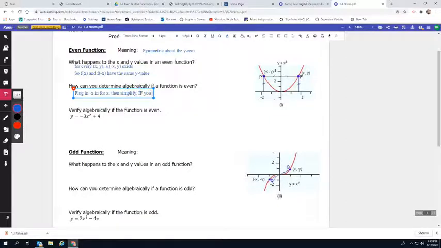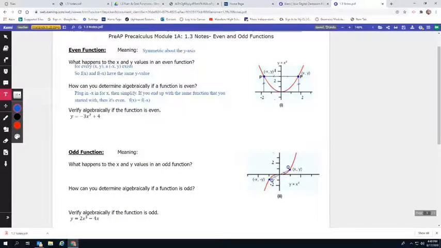If you end up with the same function that you started with, then it's even. So what I mean is if f of x equals f of negative x, then it's an even function.